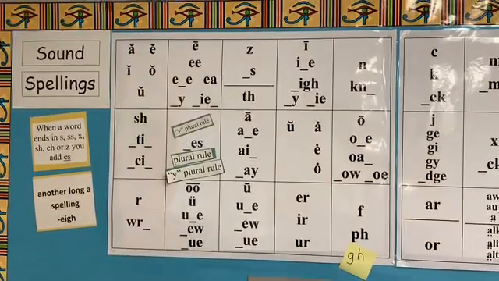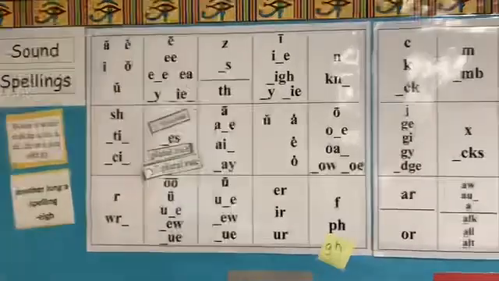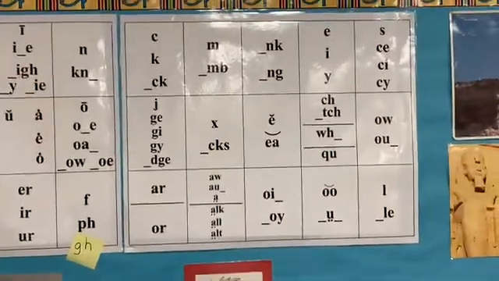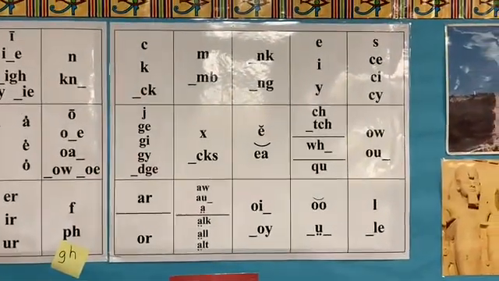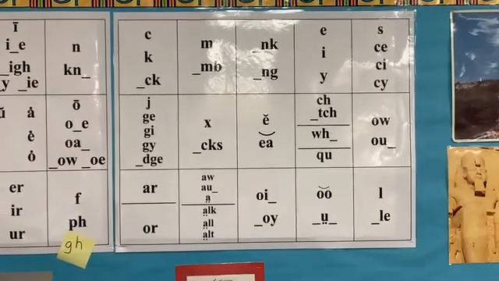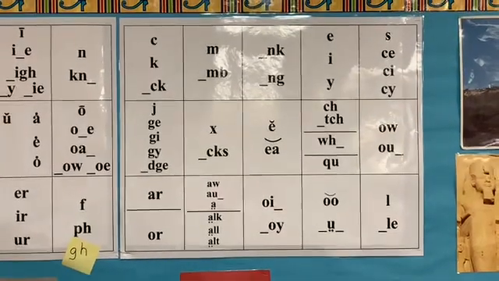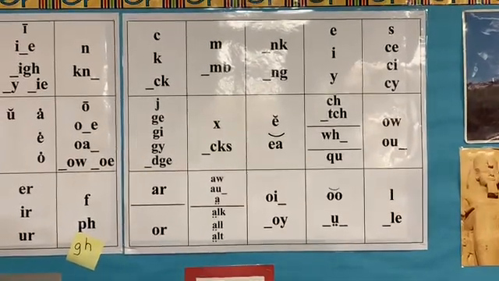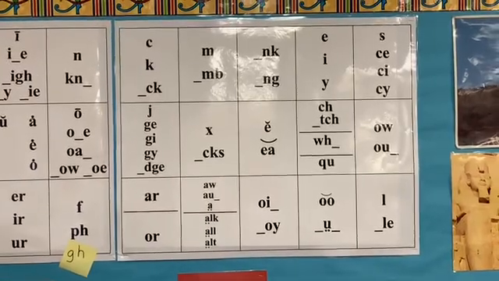E-R, I-R, U-R. Sound. F. Spellings. F, P-H. Sound. K. Spellings. C-K, blank C-K. Sound. M. Spellings. M, blank M-B. Sound. Nk. Spellings. Blank N-K. Sound. Ng. Spelling. Blank N-G.